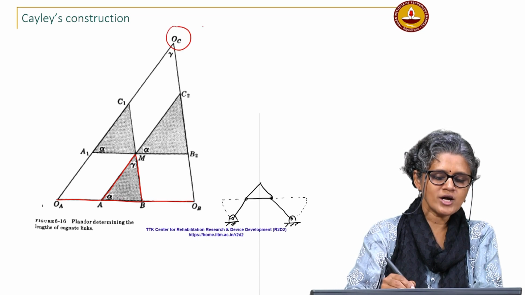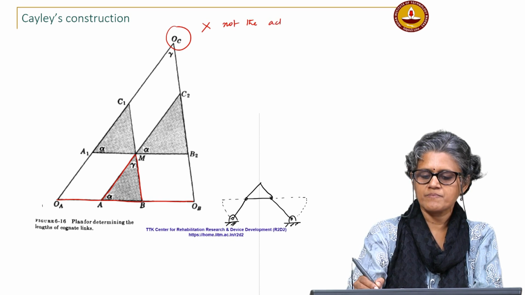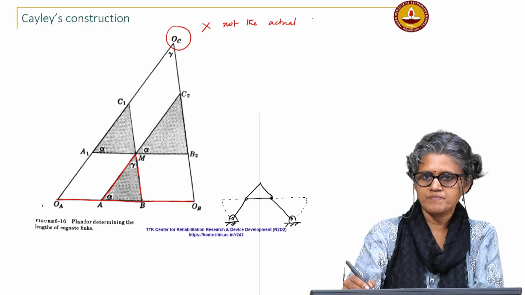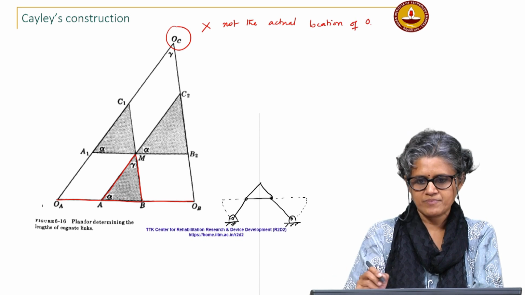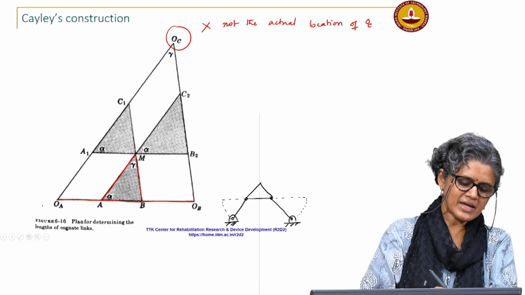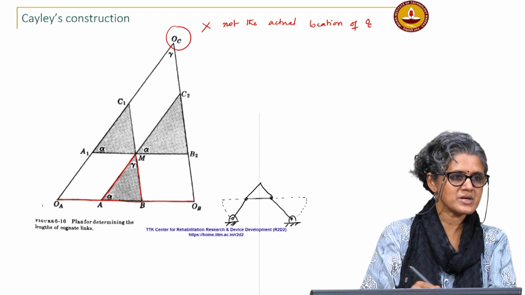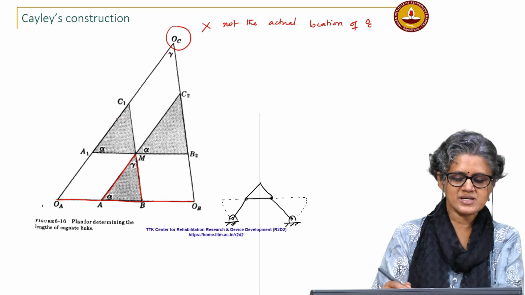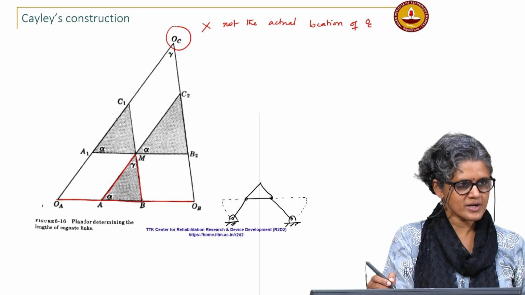This is not the actual location of OC, you have to be very clear about that. This only gives you the link lengths for the other two, but from here I can get the link lengths OA A1, C1 OC, C1 A1. Okay, from this construction, from Cayley's construction I get the link lengths of the other two cognates.